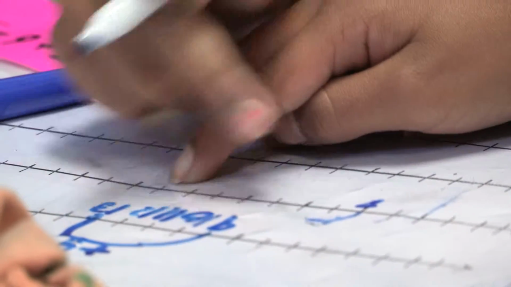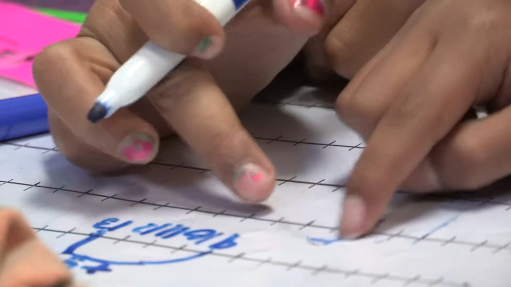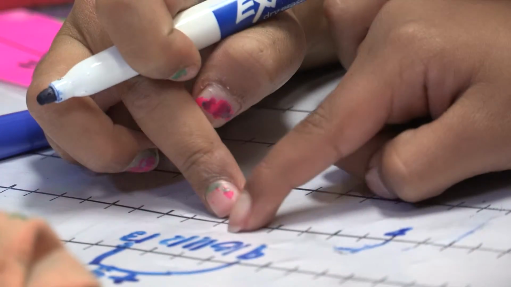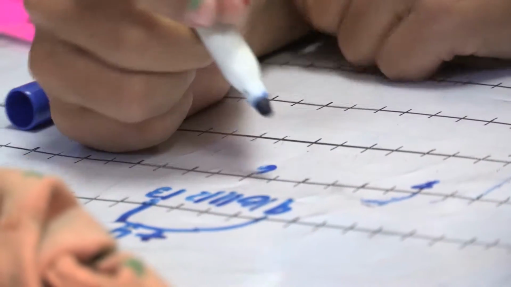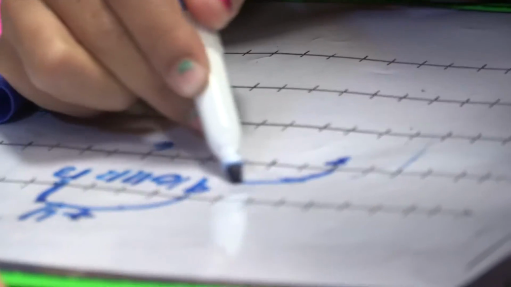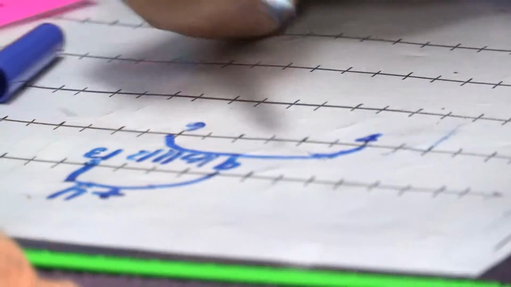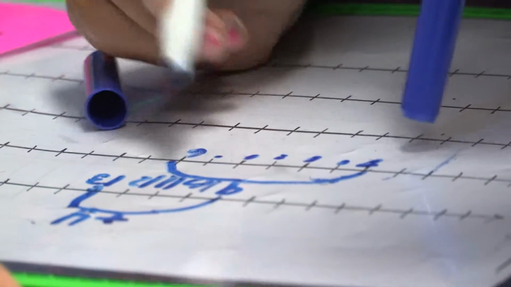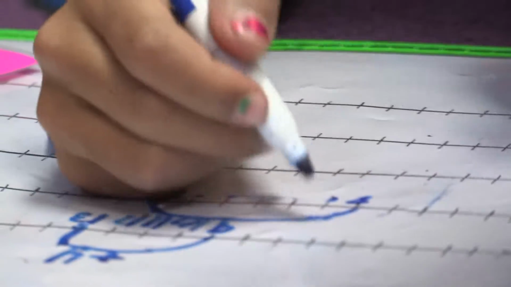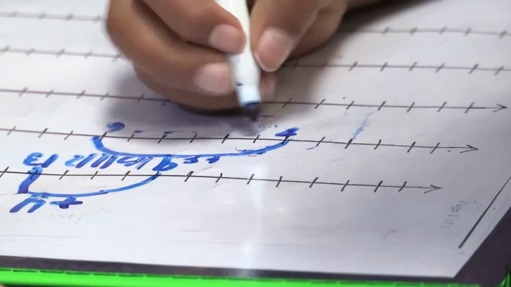Here, right here. Okay. 2, 3, 4, 5, 6. Wait. 6 jumps. 2, 3, 4, 5. What's 7 minus 3?